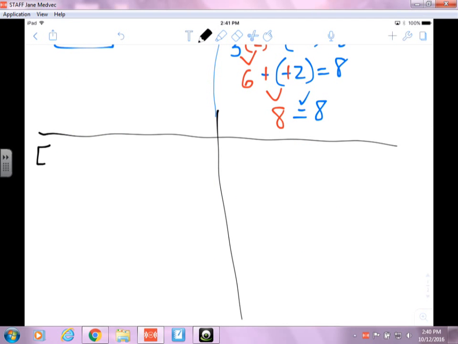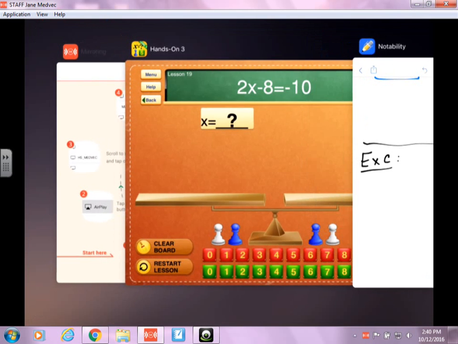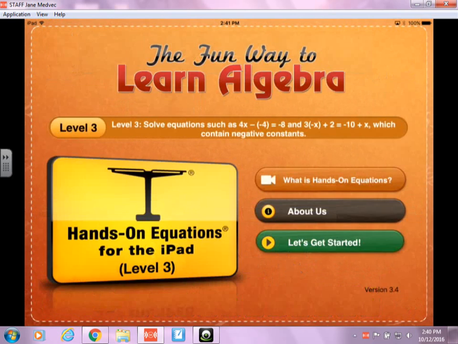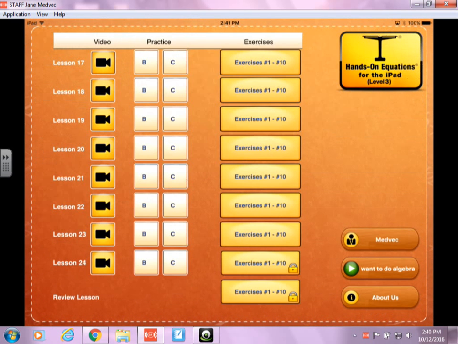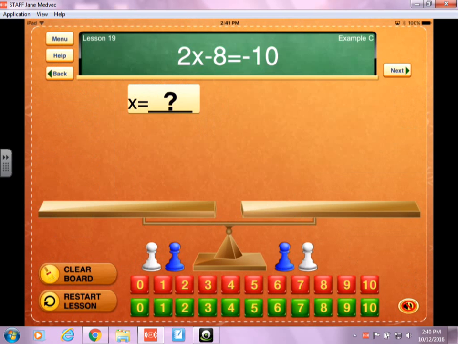I'm going to do example C. So I'm going to go back to my app. Here's the next problem. I've got 2x minus 8 equals negative 10.